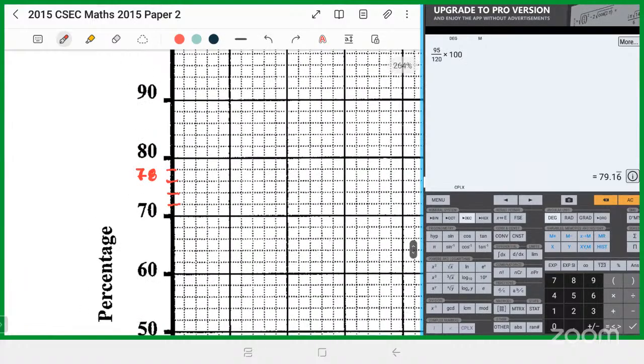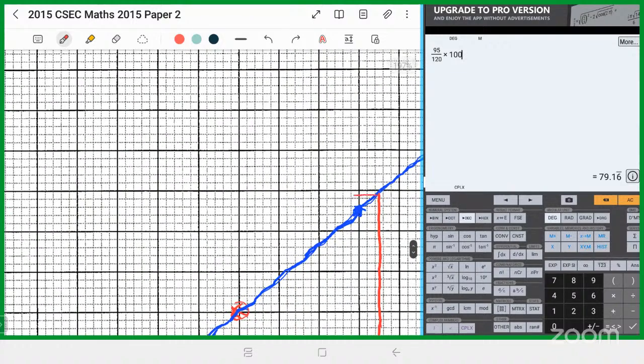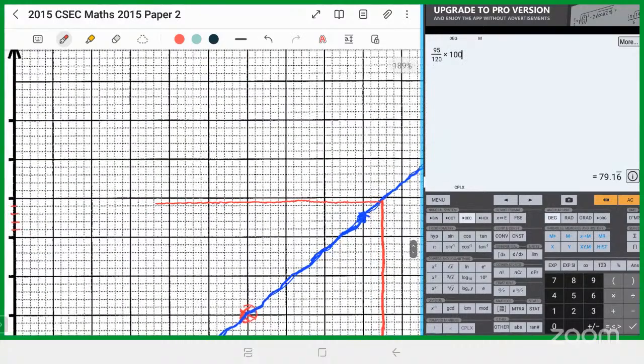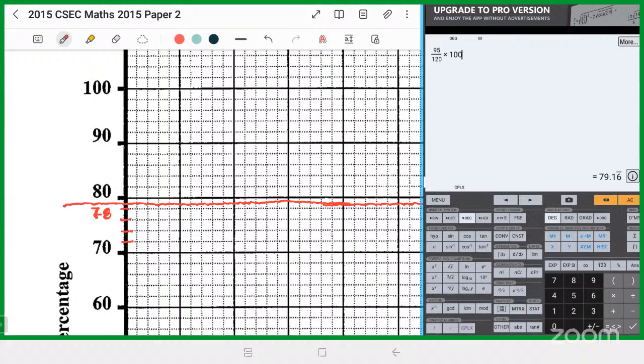If you notice, we have marked it right in between here, so this is pretty accurate. This is right between the 78 and the 80.